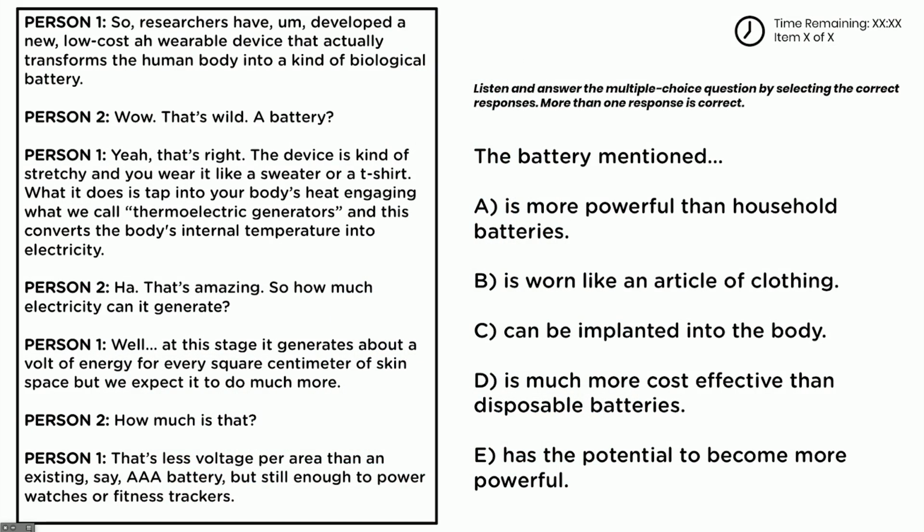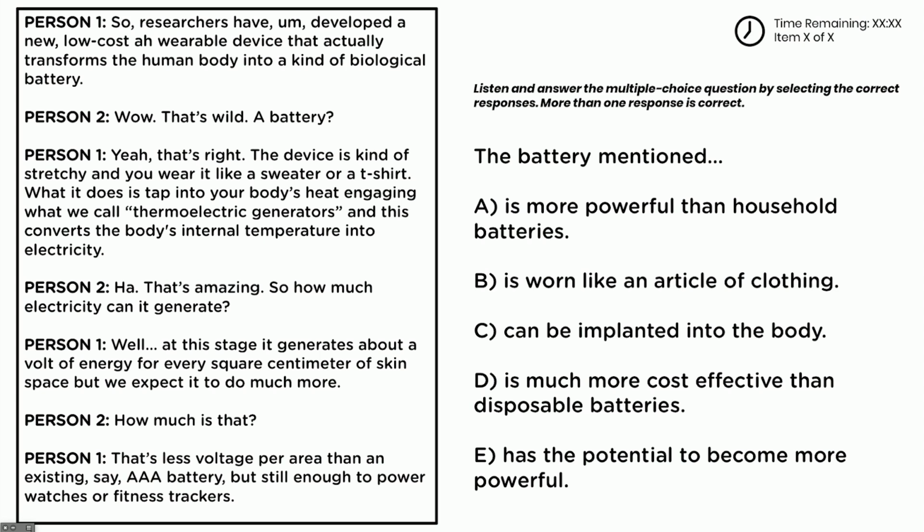So, researchers have developed a new low-cost wearable device that actually transforms the human body into a kind of biological battery. Wow, that's wild. A battery. Yeah, that's right. The device is kind of stretchy and you wear it like a sweater or a t shirt. What it does is tap into your body's heat engaging what we call thermoelectric generators, and this converts the body's internal temperature into electricity.